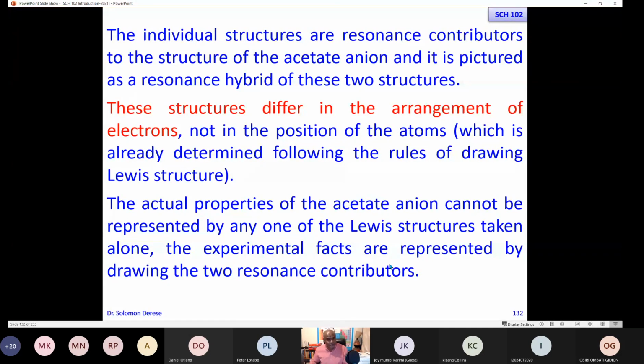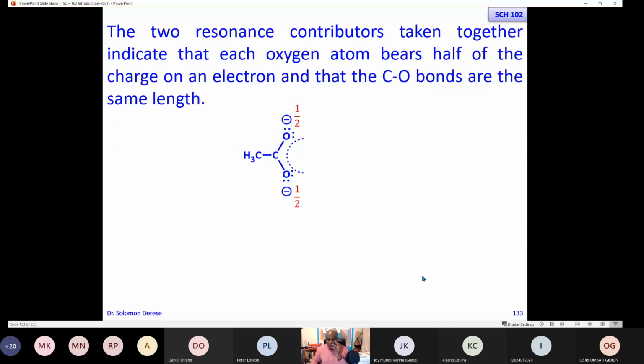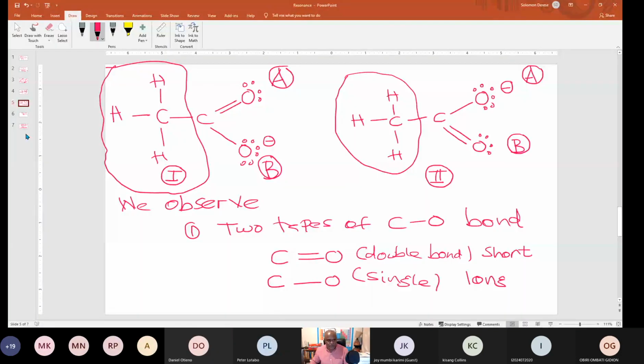The experimental facts are represented by drawing the two resonance contributors. So now let's look at the acetate ion. Let me stop sharing this one, go back to the notes I was drawing, and share with you, okay?